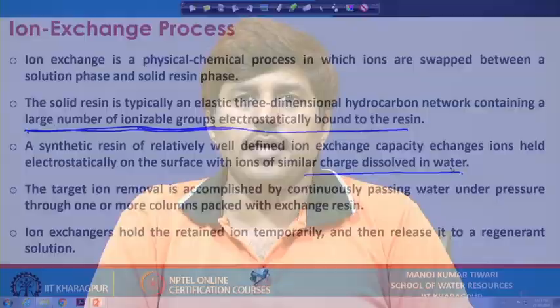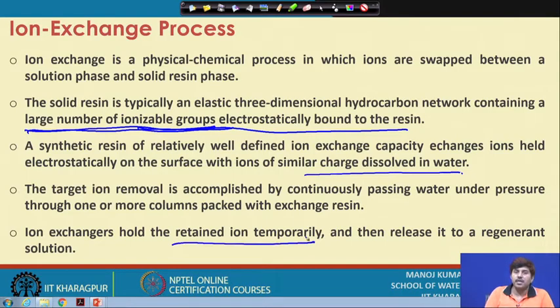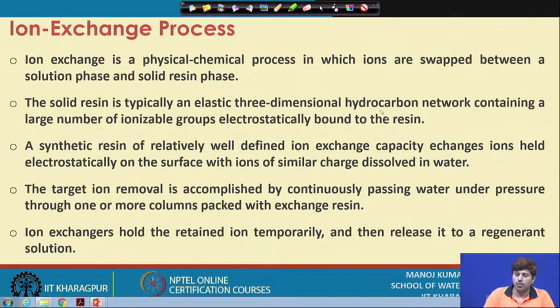So, the target ion is removed and retained temporarily with the resin, and once we regenerate the resin, we will talk about how to regenerate that, it comes back into the regenerant solution, and that way it is removed from the water phase.